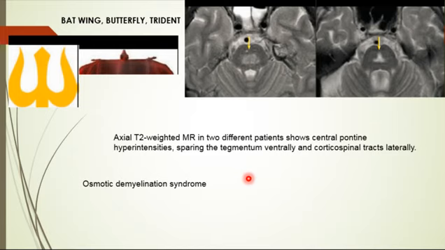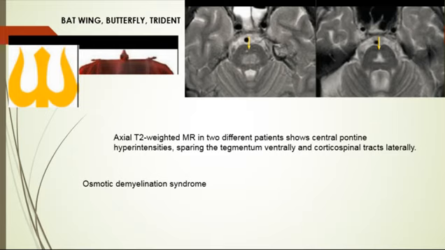Okay, and this is the bat wing, and it's not a very nice bat, but anyway, this is what I could find. So there is central pontine hyperintensity spanning the tegmentum ventrally and corticospinal tracts laterally, which is due to osmotic demyelination syndrome. Previously, it was known as central pontine myelinosis and extrapontine myelinosis, CPM, EPM. It refers to acute demyelination caused by what?